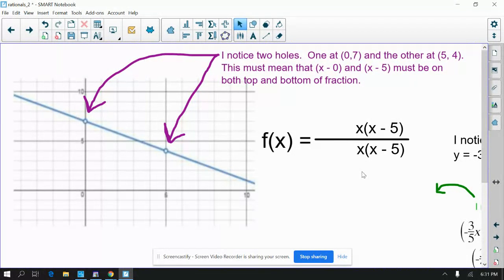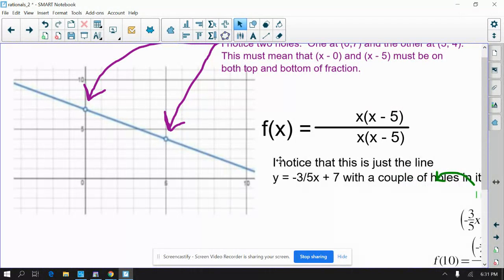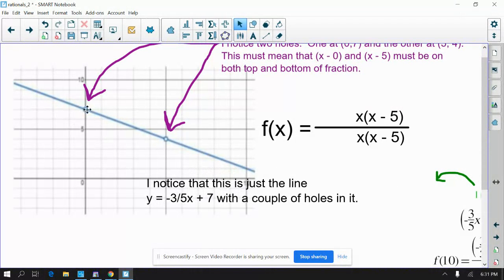All right. What else is there? Did you notice that this is just this blue thing? This is an algebra 1 thing. This just looks like a line, doesn't it? A line that would have a y-intercept of 7 if it wasn't for that hole right there, and a slope of what? 1, 2, 3, 1, 2, 3, 4, 5, -3/5.